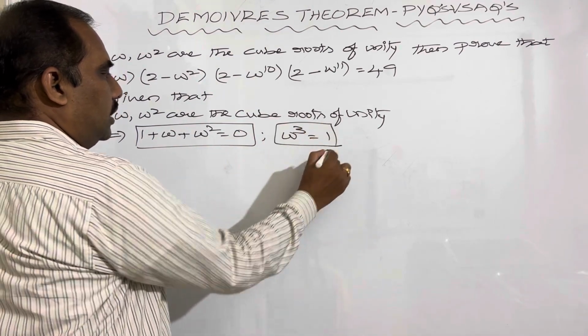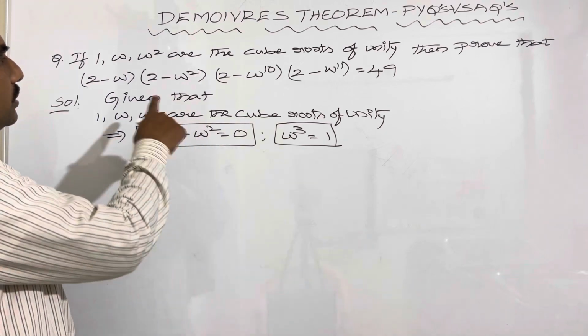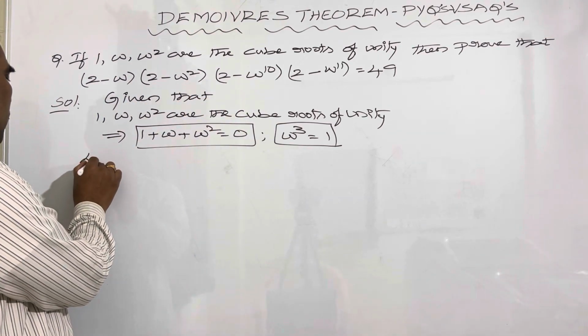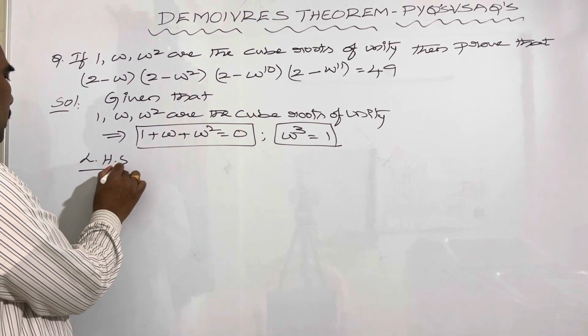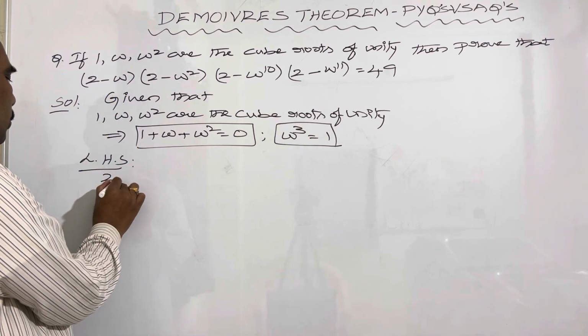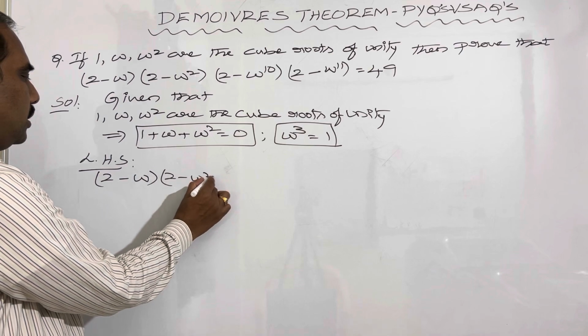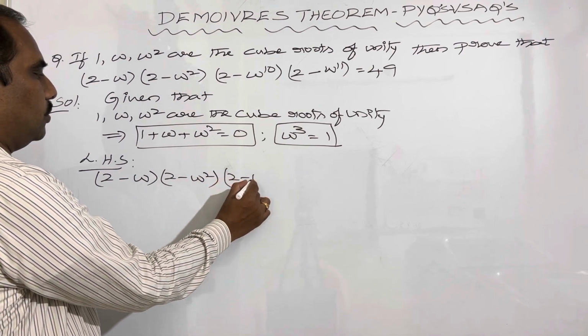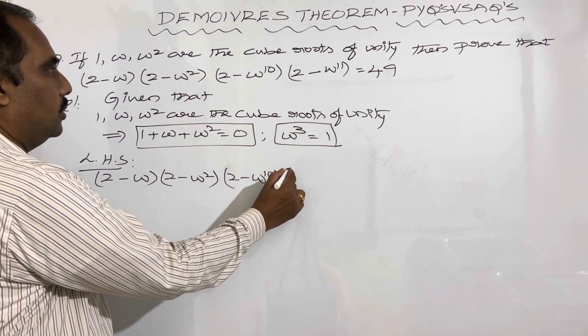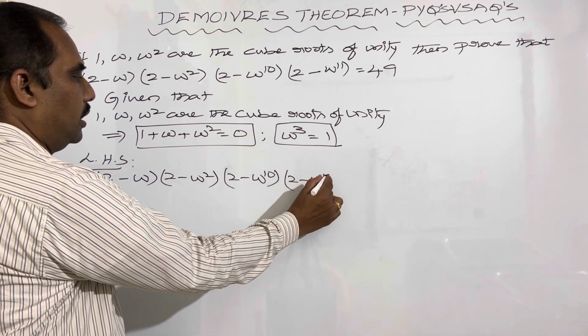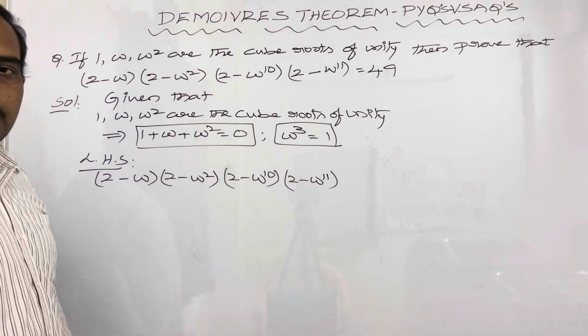We know these two conditions. Now I am taking the LHS, very simple one. This is (2 minus omega)(2 minus omega square)(2 minus omega power 10)(2 minus omega power 11). So this is the LHS.